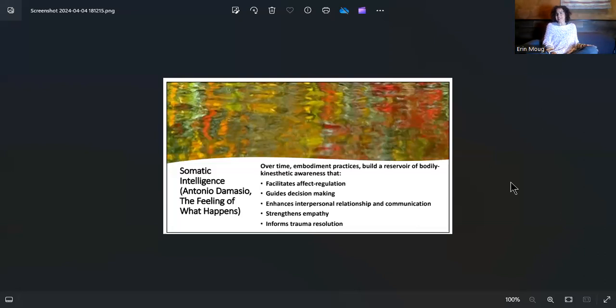So what does that mean? It basically means that having somatic intelligence is something that's worth spending some time honing and getting better and stronger.